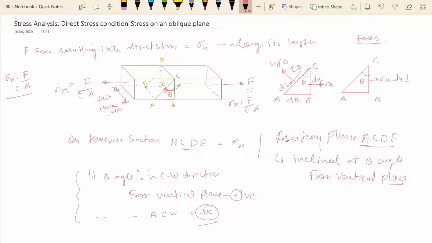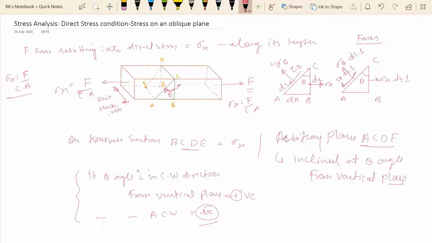The force in this direction is sigma theta multiplied by ds multiplied by 1. And the tangential force because of the shear stress is tau theta multiplied by ds multiplied by 1 in this direction.